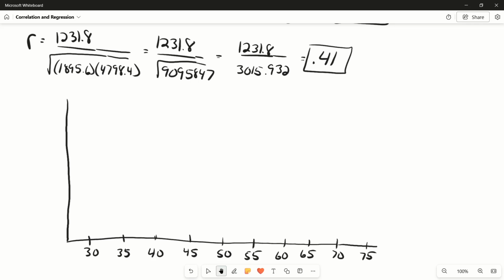And then for y, the lowest value is 154 and the highest value is 235. So 154 to 235, that's a difference of 81.